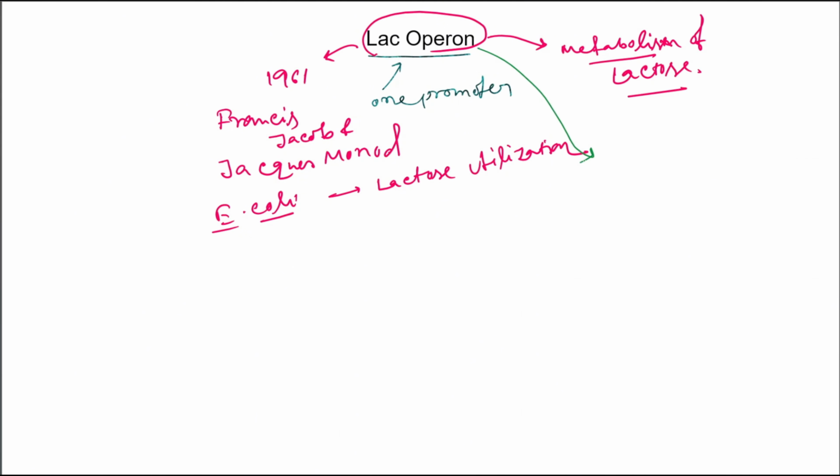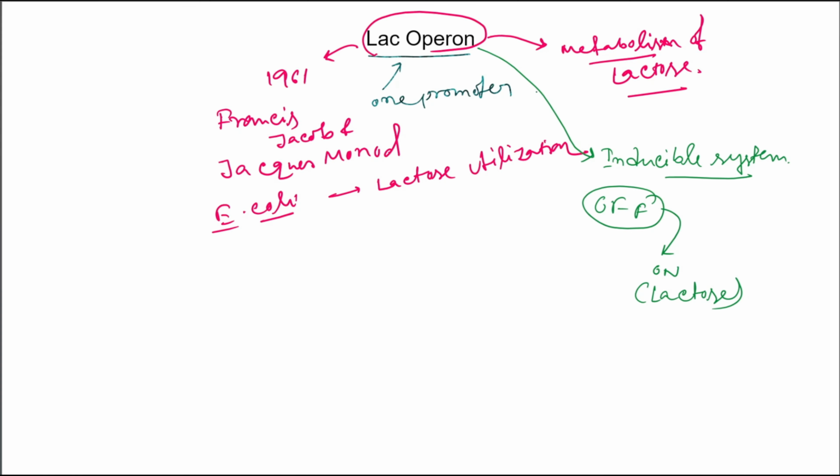The lac operon is an inducible system because it is normally off, and it becomes on when lactose is present. The lac operon is also called negative control because the repressor protein keeps the operon off.